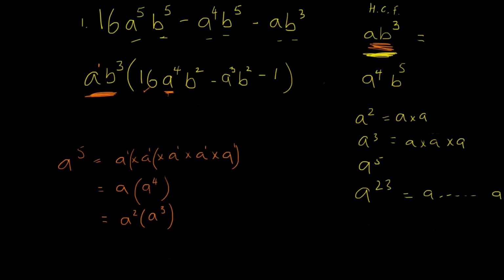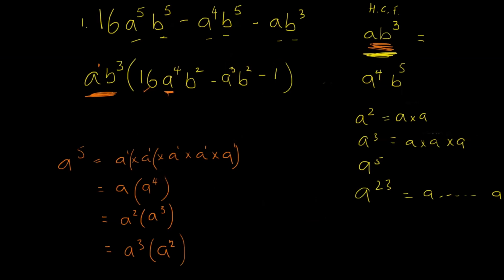And what I can also do, let's just go one more step. If I take a squared, perfect. That's all we're doing, ladies and gentlemen. We're just moving where the bracket goes.